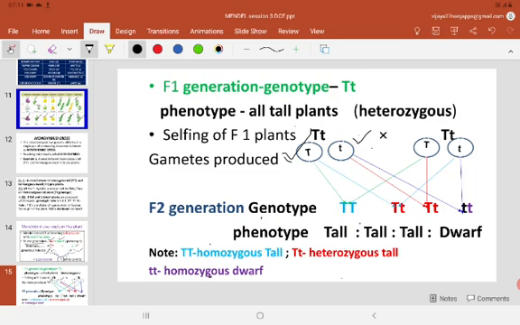So when the selfing of the F1 takes place, random fusion takes place, and it results in F2, wherein we get four different types of offspring: capital T T, two capital T and small t, and small t small t, in the ratio 1:2:1. Capital T T are homozygous tall plants. Capital T and small t are heterozygous tall plants, and small t small t are homozygous dwarf plants.